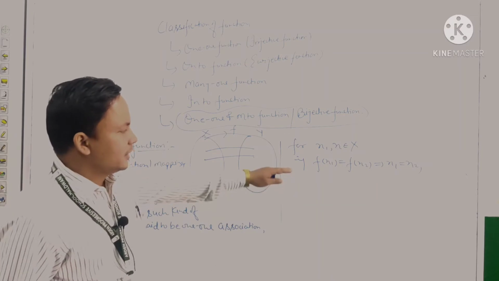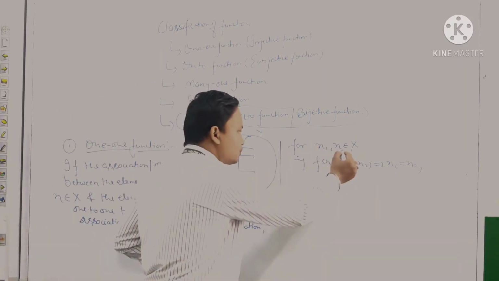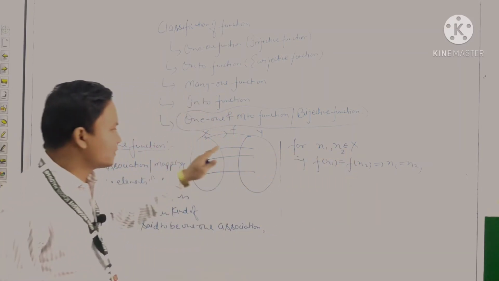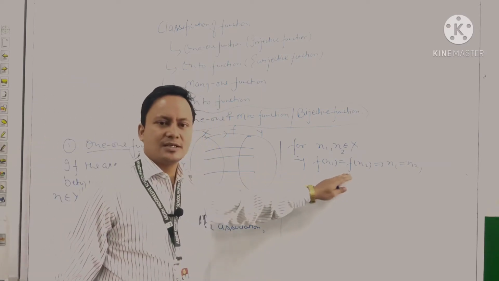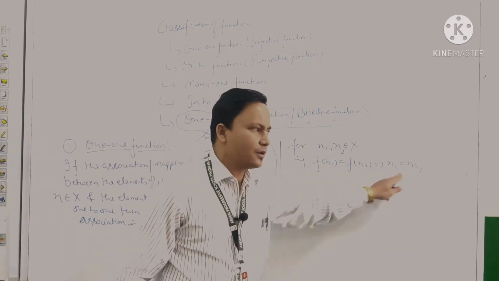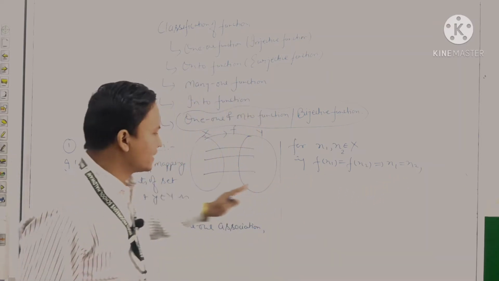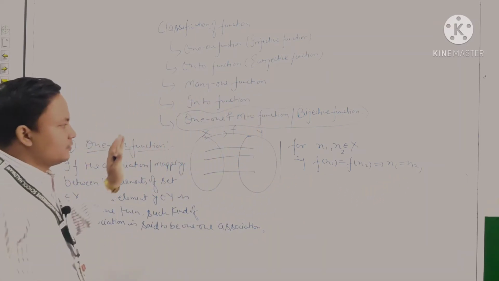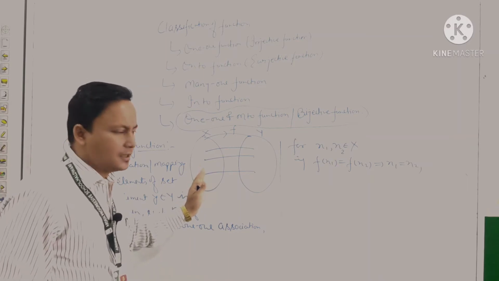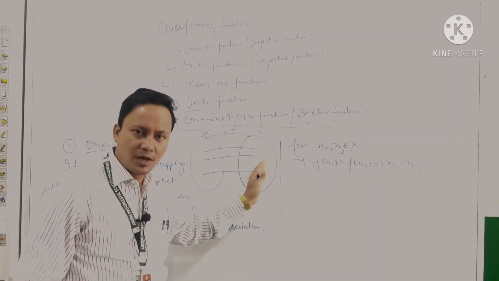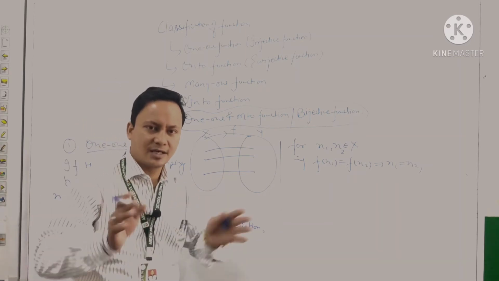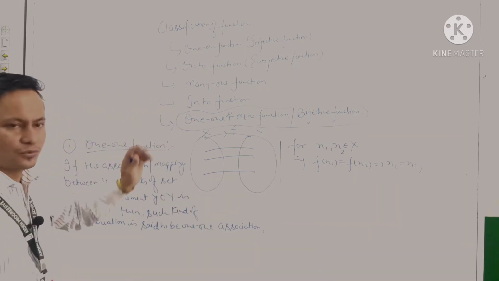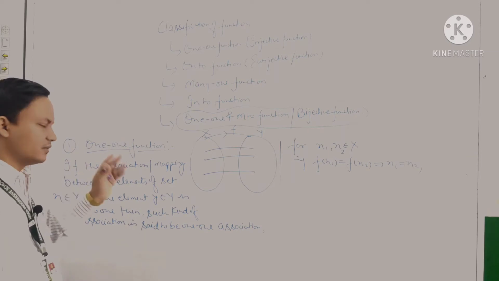What does it mean? It means that if you take any two elements of set x, and if their images are equal, then both the elements will also be equal. So what is the definition of a one-one function? For every element of set x, there will be an element in set y with a 1-to-1 association, and such a relation is known as a 1-to-1 relation, or a 1-1 function.